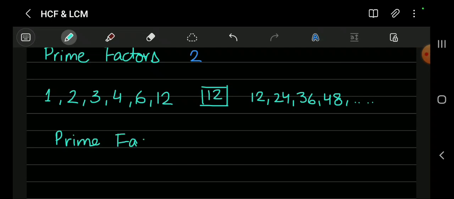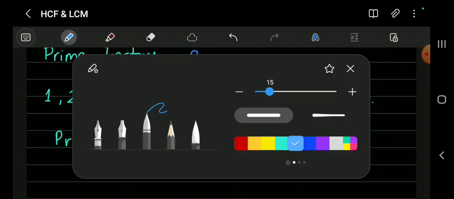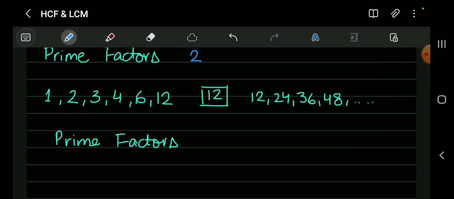Prime factors are actually the factors which are prime numbers. So let's think about them. 1, no, 1 is not a prime number. 2, yes. 3, yes. Not 4, not 6, not 12. So only 2 and 3. The rest are not prime factors.